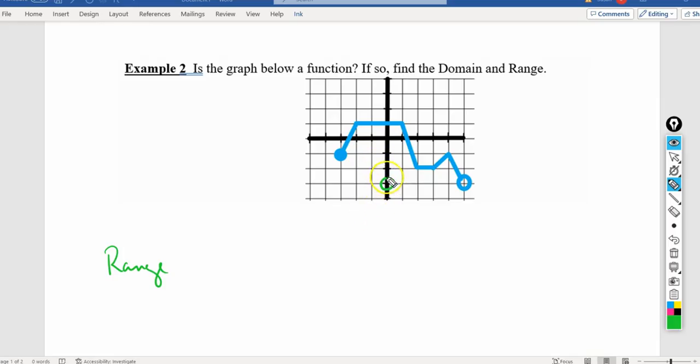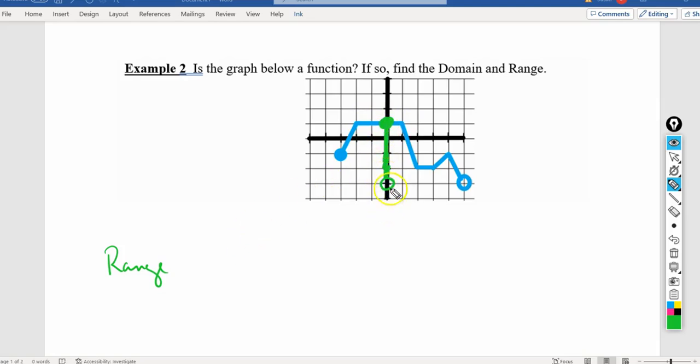Now, as I'm looking from left to right, if I see at least one point, there's no gap. So looking to the left, I've got lots of points, lots of points. And then I get up to here, and all of these points are tied for the highest point. And so we have inclusion there. And what I've drawn in green is the range.